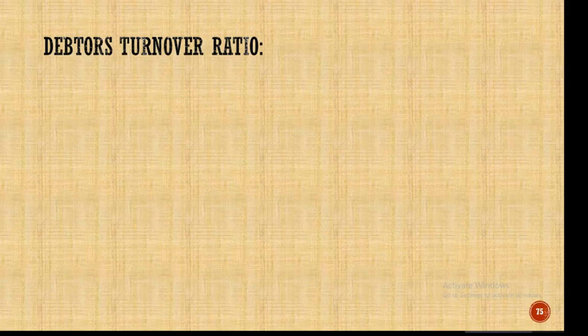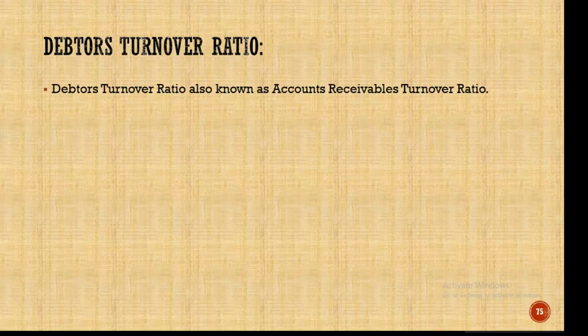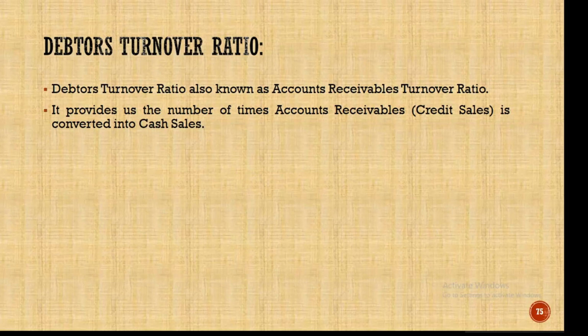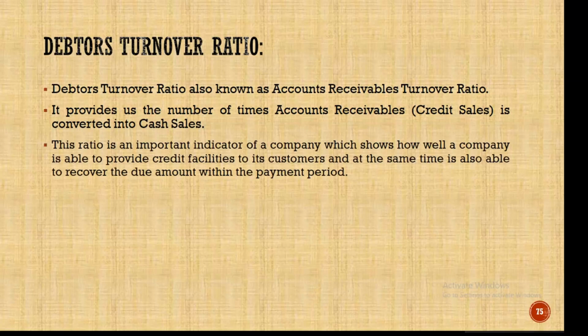Now, the first type of activity ratio is the debtors turnover ratio, also known as the accounts receivable turnover ratio. It provides us the number of times accounts receivable is converted into cash sales.